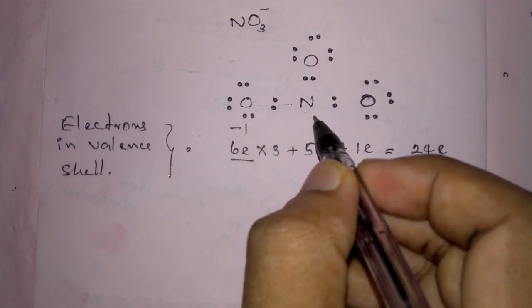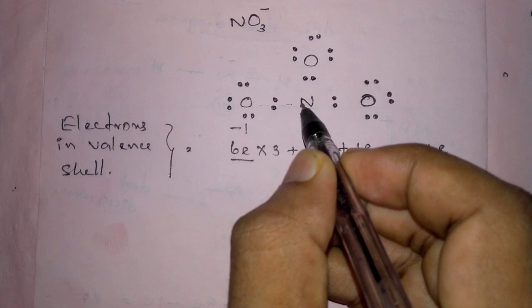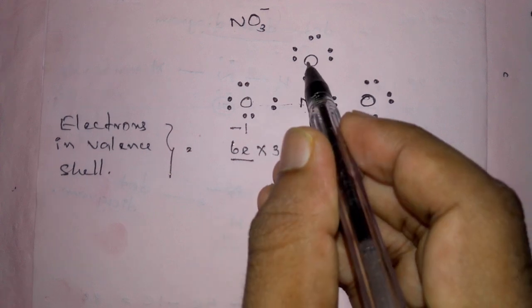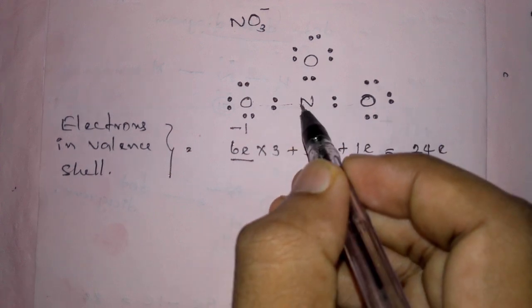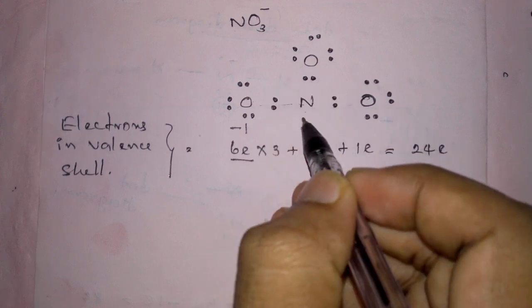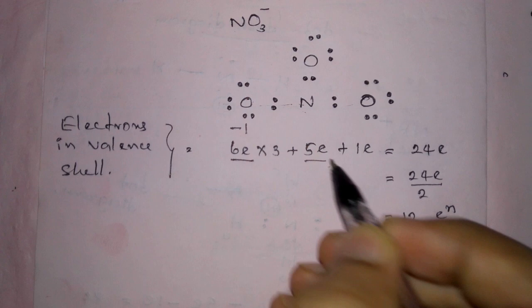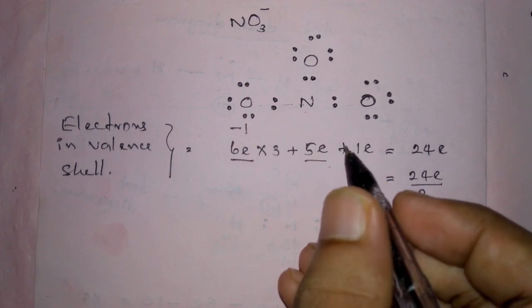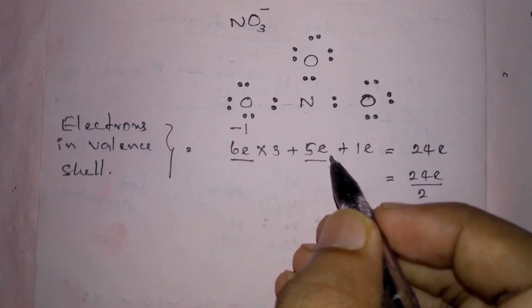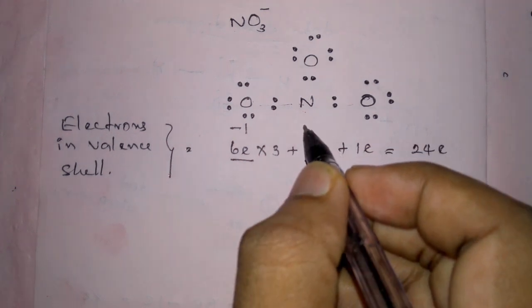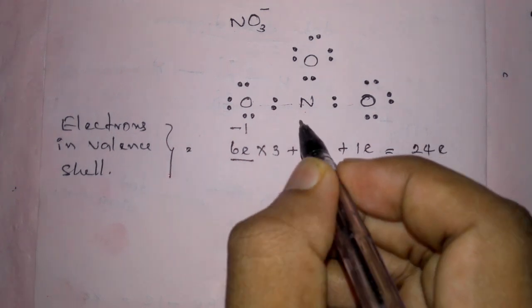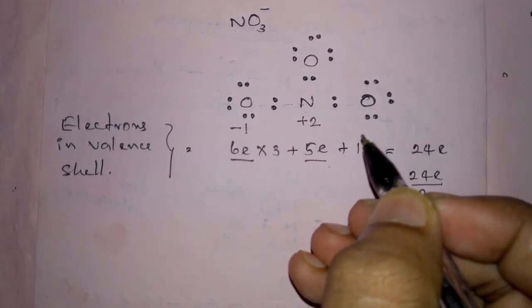And this nitrogen, it has 1 electron from this bond, 1 electron from this bond, 1 electron from this bond. It has 3 electrons now, that means after the formation of bond, but it has 5 electrons before the formation of bond. We can see that 2 electrons has removed from nitrogen. When 2 electrons are removed, it should gain +2 charge.